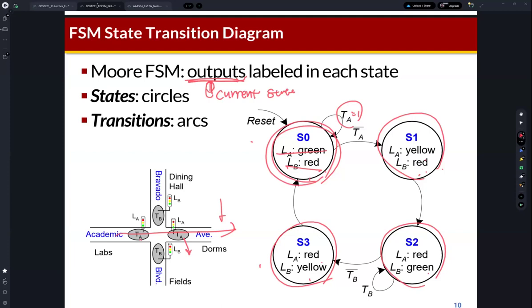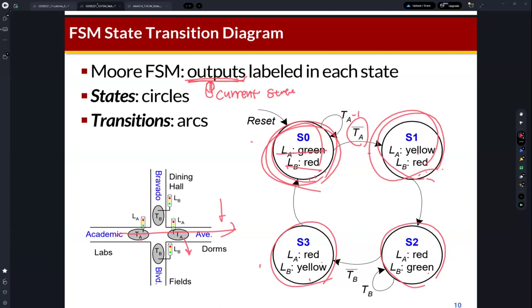We need to keep the output if the traffic is still detected. But if traffic is not detected, that is not TA, shown with the bar here, then it goes to yellow and red.